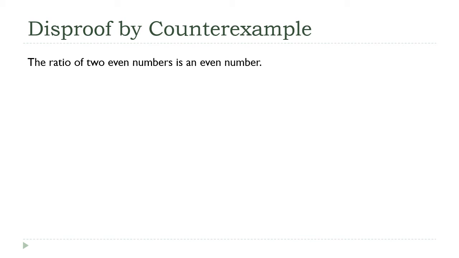All right, so how can we disprove something? Well, the standard way to disprove something is by finding a counterexample. Remember, we talked about this in a previous chapter. All it takes is one pair of numbers that don't make this true, that actually make it false. And that's enough to make the whole thing false.